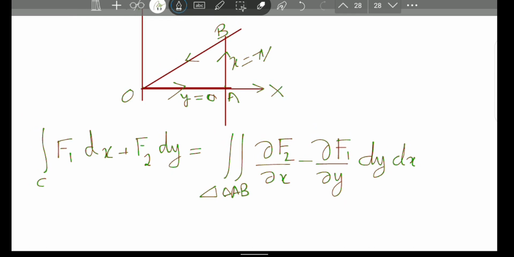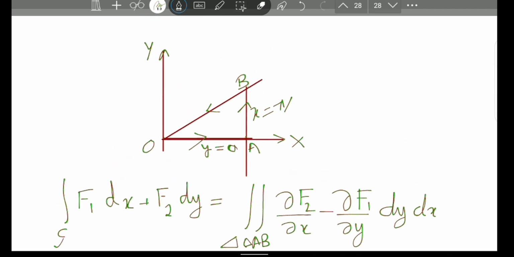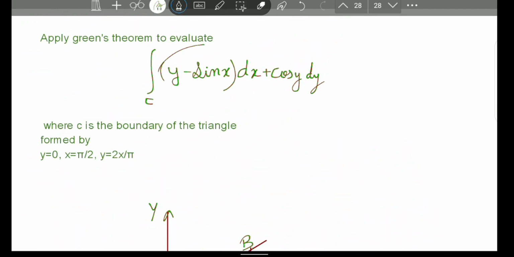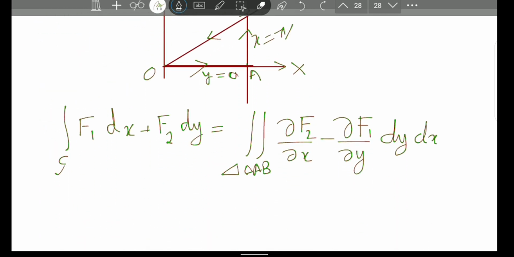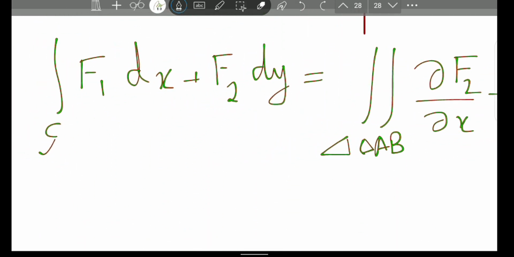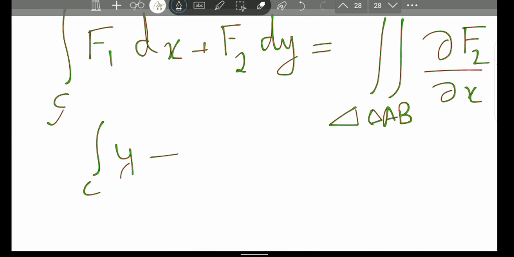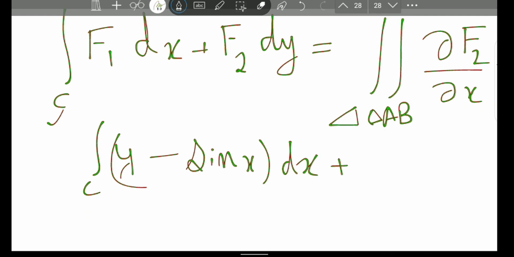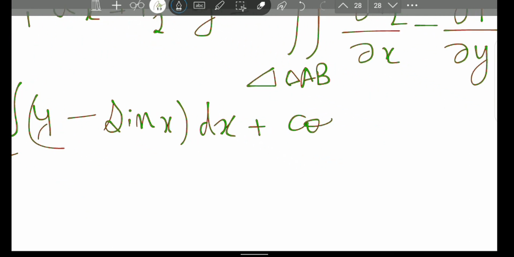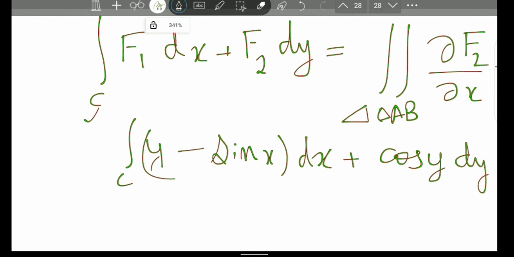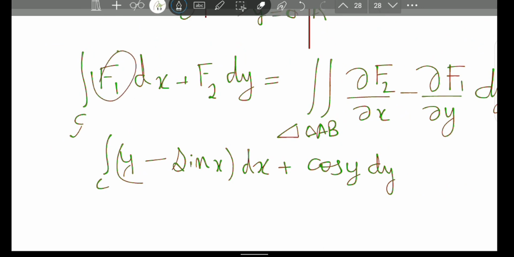Now, we are given a closed curve and we are given the integral (y minus sin x) dx plus cos y dy. Let's write that integral as well. We are given the integral over the closed curve of (y minus sin x) dx plus cos y dy. But the formula says integral over closed curve f1 dx plus f2 dy.